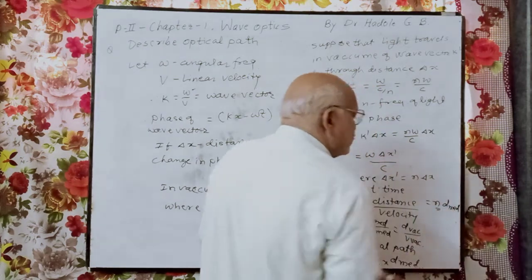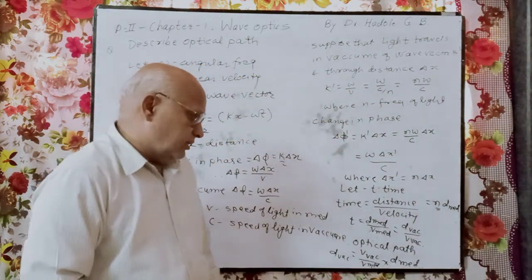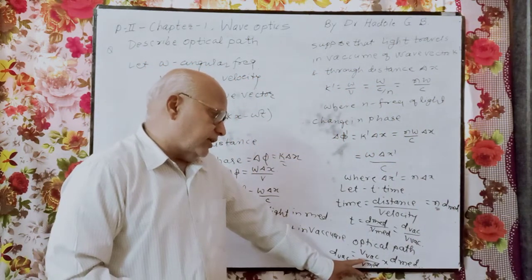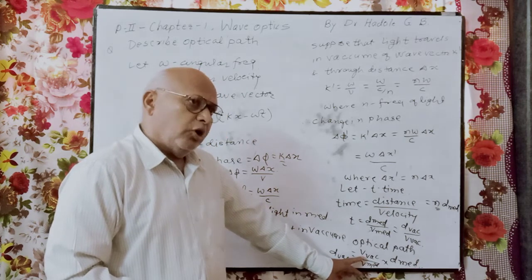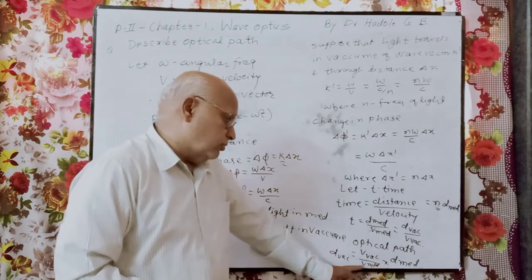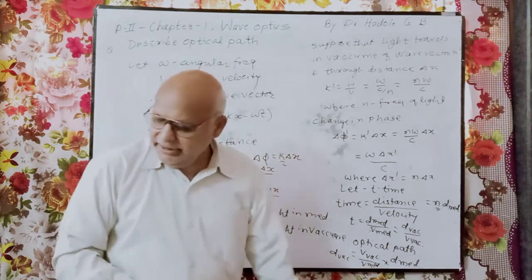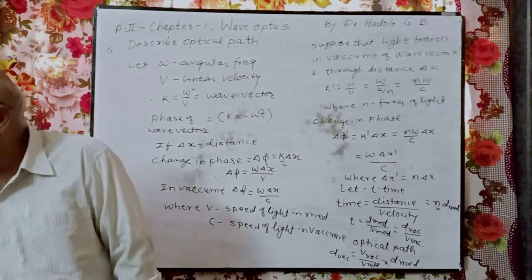Where n is the refractive index. It is defined as the ratio of velocity of light in vacuum upon velocity of light in the medium.